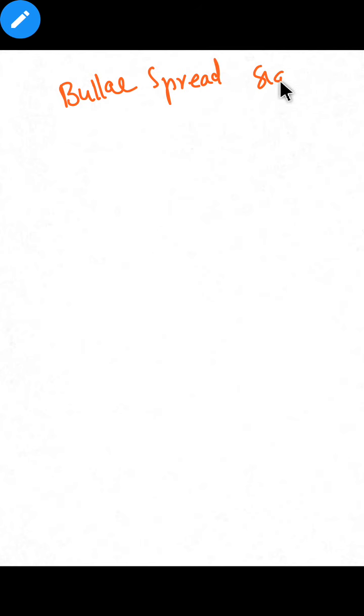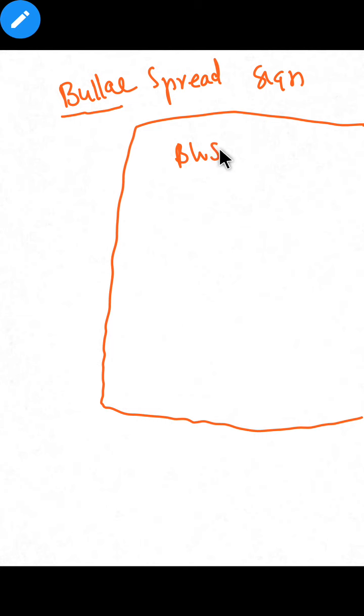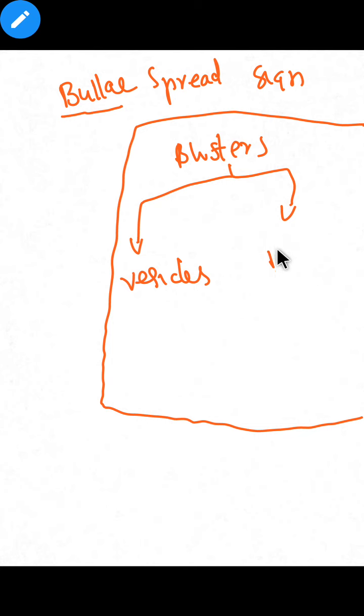And one more concept that I forgot to tell you here is, what is blister. We are not talking about Bullae spread sign now. I am just giving an idea of what a Bullae is. So blisters are mainly of two types based on size. One is vesicles, other is Bullae.